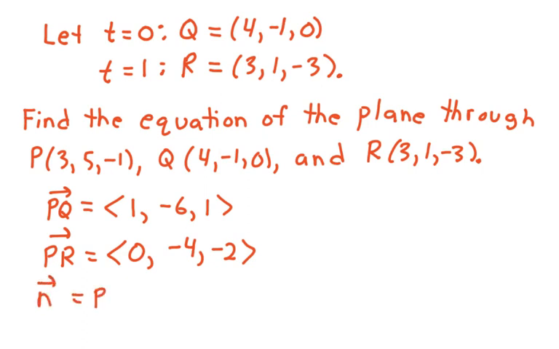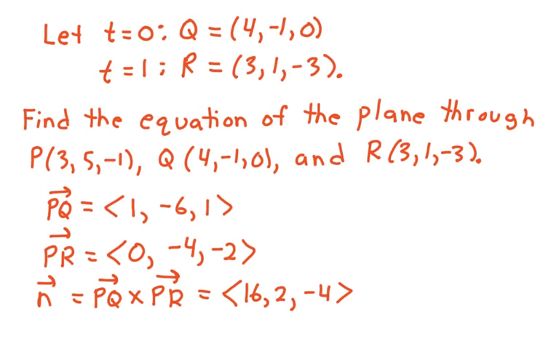Okay. So N is the cross product of PQ with PR. So when I do that, I get 16, 2, negative 4, which is fine.